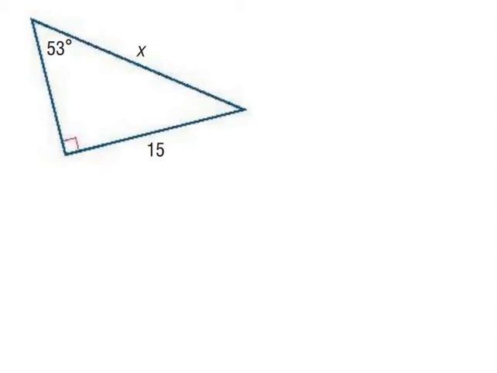What do we have for your equation? Which one's going to be your hypotenuse? X. Okay. 15 is what side? Opposite. So what ties into it? Sine. So I know that the sine of 53.